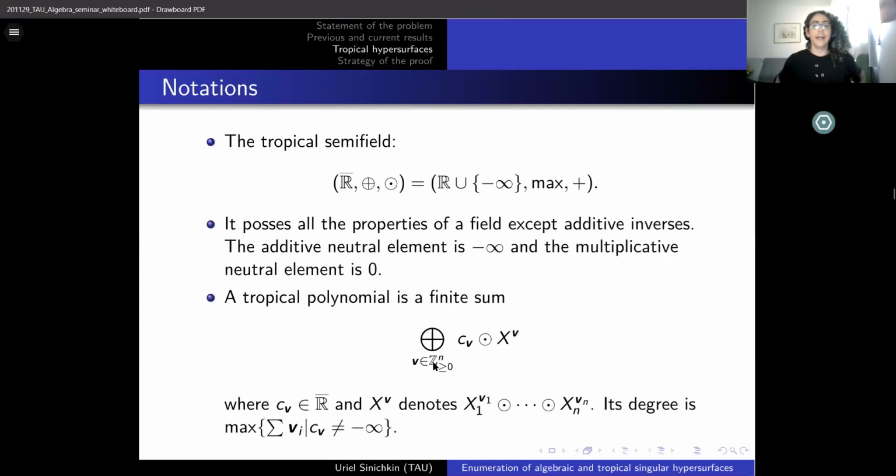I will briefly introduce tropical hypersurfaces. For that, we need the tropical semifield. The tropical semifield can be thought of as the codomain of a non-Archimedean valuation. We want to use some non-Archimedean valuations in our proof.